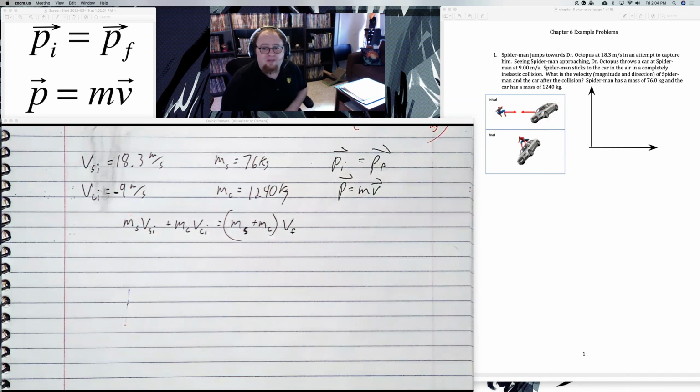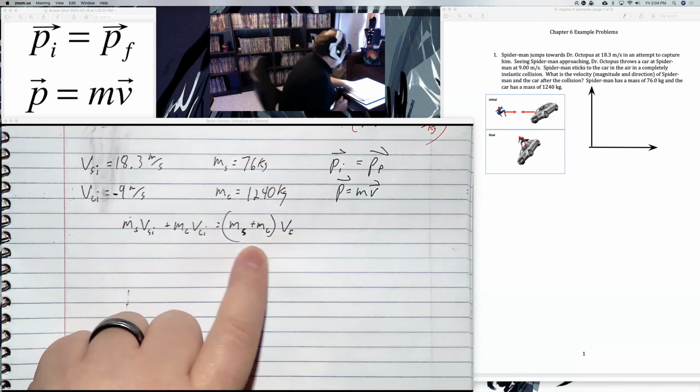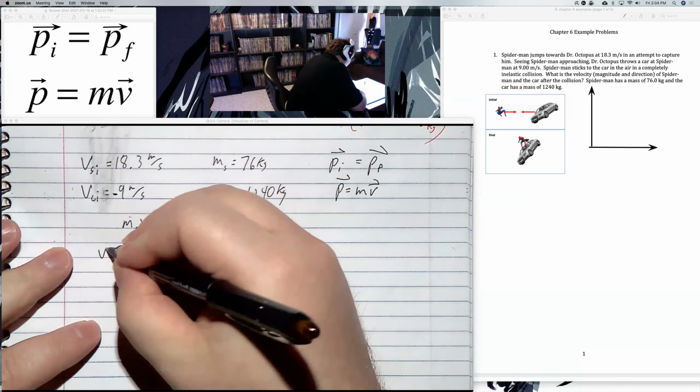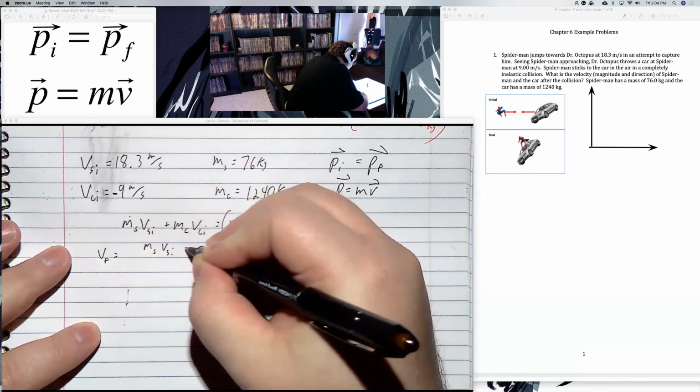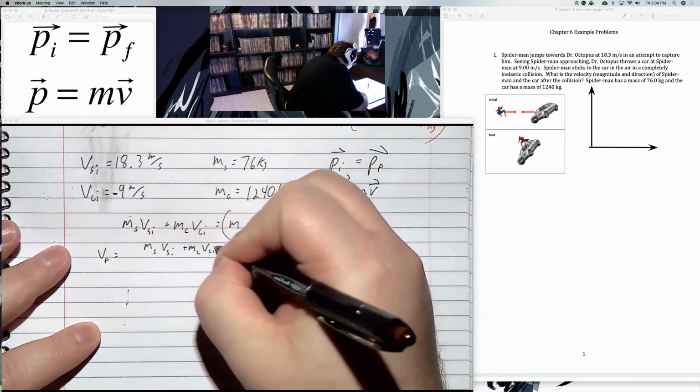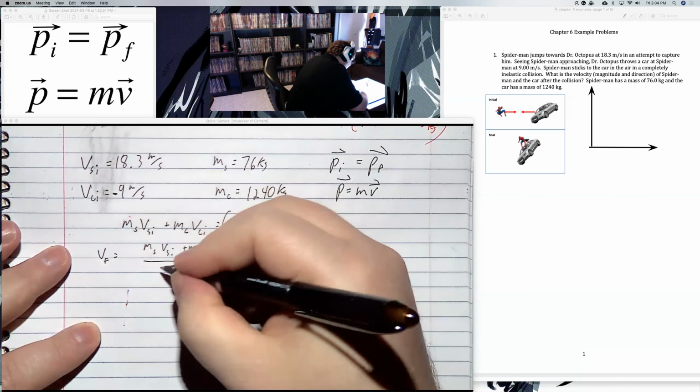Past that, it's all math. I want to find the final velocity, magnitude, and direction of the car. So I'm going to take this equation and divide both sides by the bit in parentheses. And so it would be the mass of Spider-Man, velocity of Spider-Man initial, plus the mass of the car, velocity of the car initial, over this total mass.